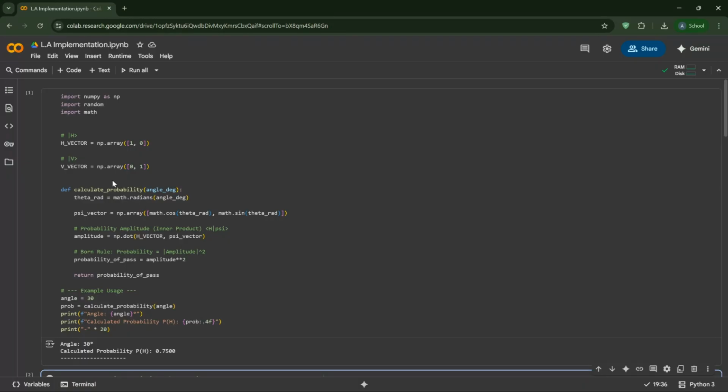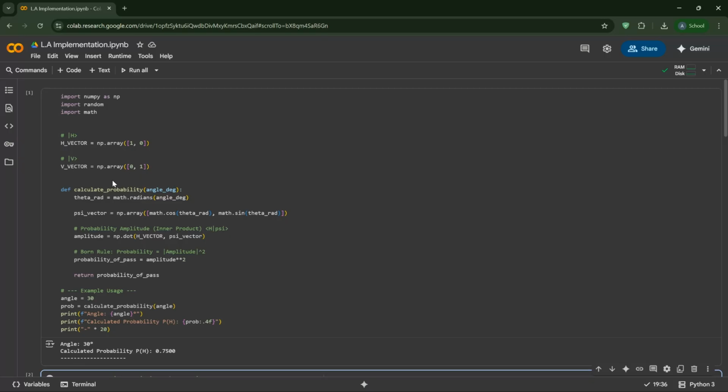Then we define the function to calculate the probability of a photon to be passed at a certain angle. Next, inside our function, we define the photon's state ket phi. Based on the input angle theta, we calculate its components cos theta and sin theta and store them in the phi vector.